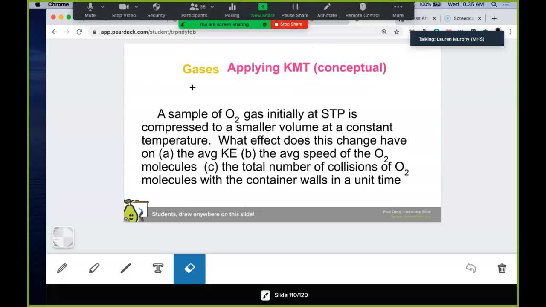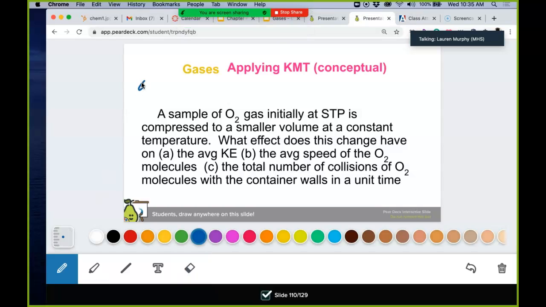So A is no effect because temperature is not changing. Temperature is staying constant. What will shrinking the container do to the speed of the oxygen molecules? Well, if the temperature is not changing and the gas isn't changing who it is, there will be no effect on the speed of how fast the gas molecules move.